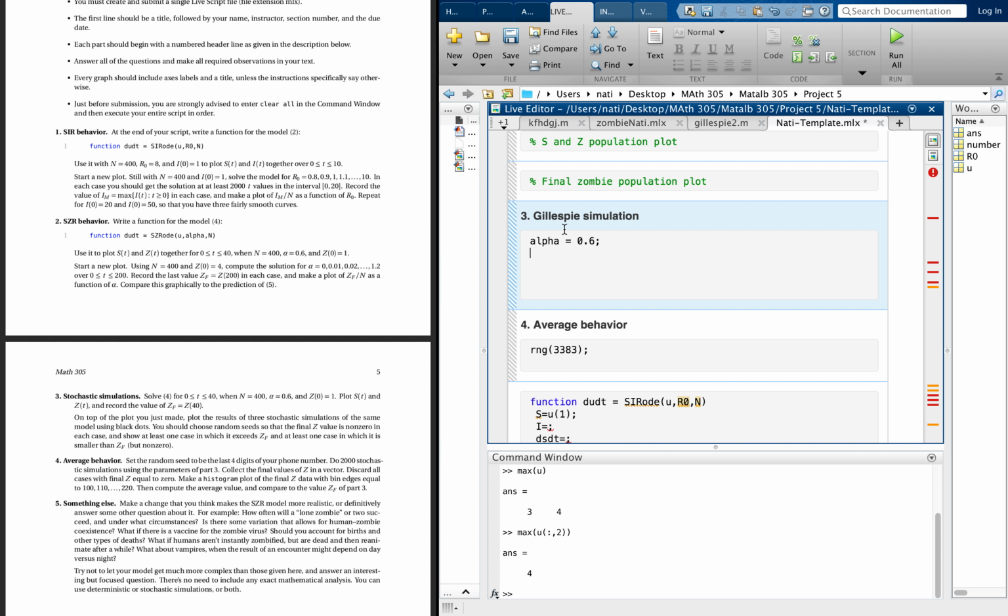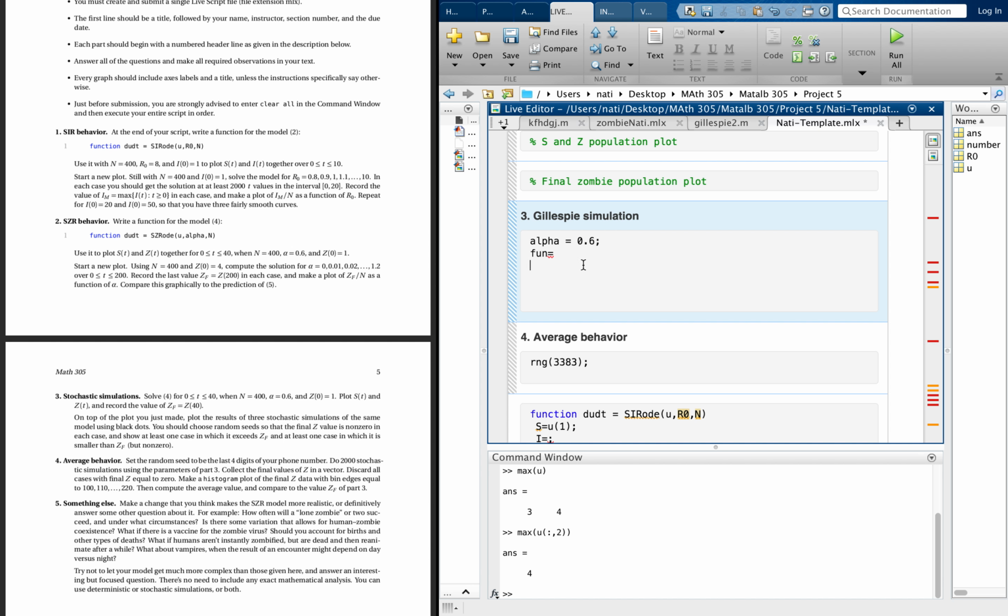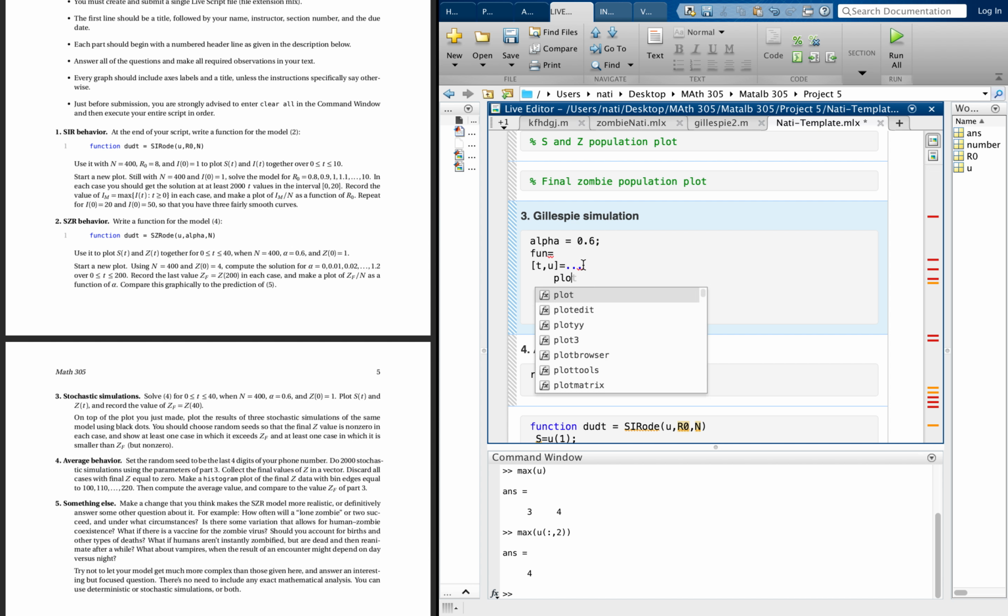So your first thing is your alpha, then you have to put your function again. It's basically the same thing as part 2 here. You're going to do your function, then you're going to solve your differential equation, and then you can go ahead and plot it.